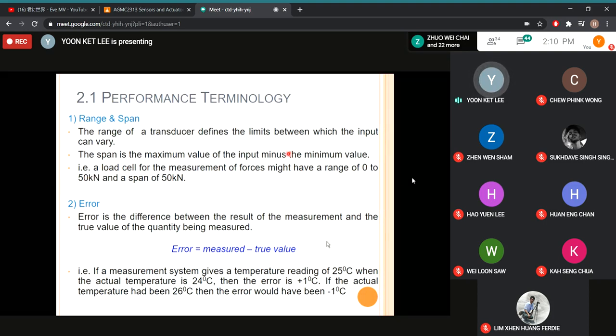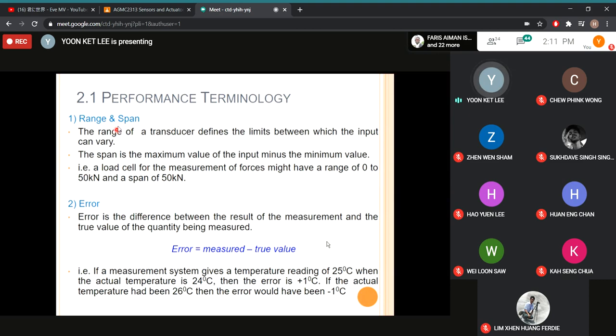If I want to look at the range, when you want to use the sensor, you need to read its specifications. For example, this load cell can be used from 0 to 15 kilonewton. That means if your job is maybe 60 kilonewton, you need to check the specification.